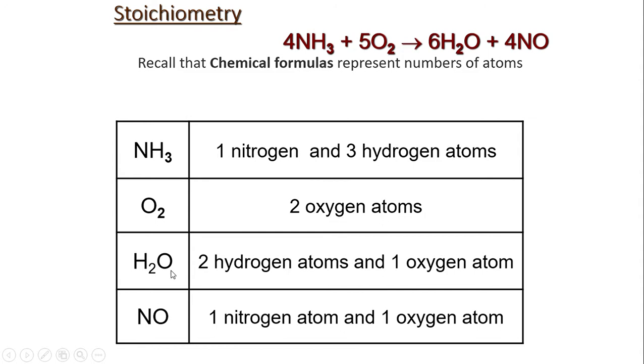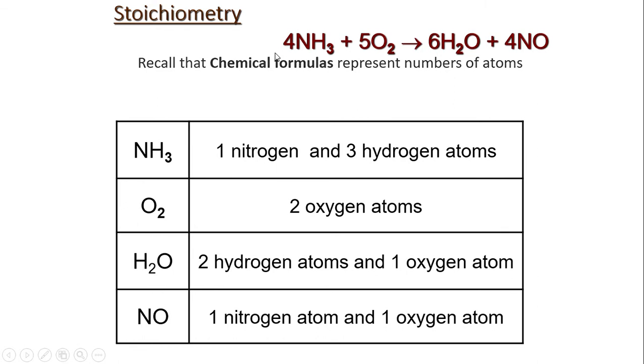And we have water, H2O, which is composed of 2 atoms of hydrogen and 1 oxygen atom. And we have NO, 1 atom of nitrogen and 1 atom of oxygen. So these are the different elements and compounds which can be seen in our chemical equation.